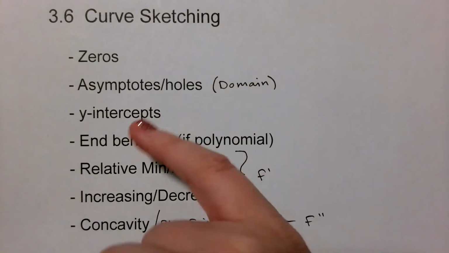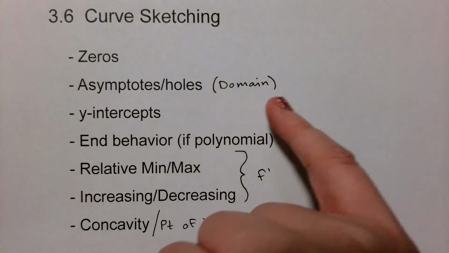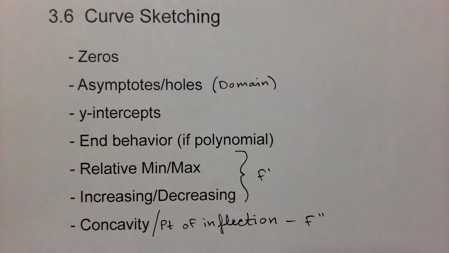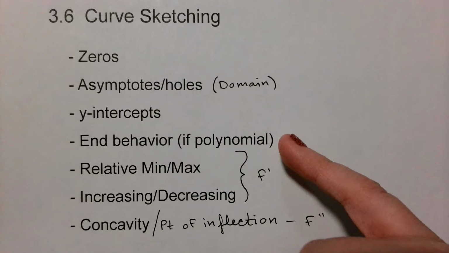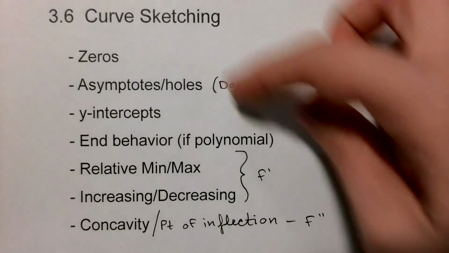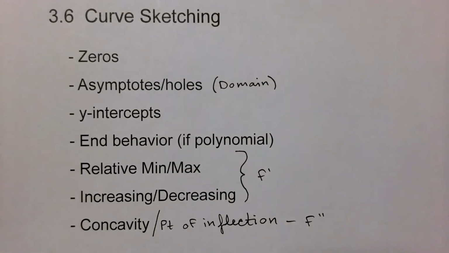With the domain, if you've got something radical, we know underneath the radical it has to be greater than or equal to 0. We want to look at y-intercepts and our end behavior, if we can know that. Usually polynomials are what we are going to know the end behavior of. So the first 4 things are all Algebra 2 and Pre-Calc, and do not require calculus.